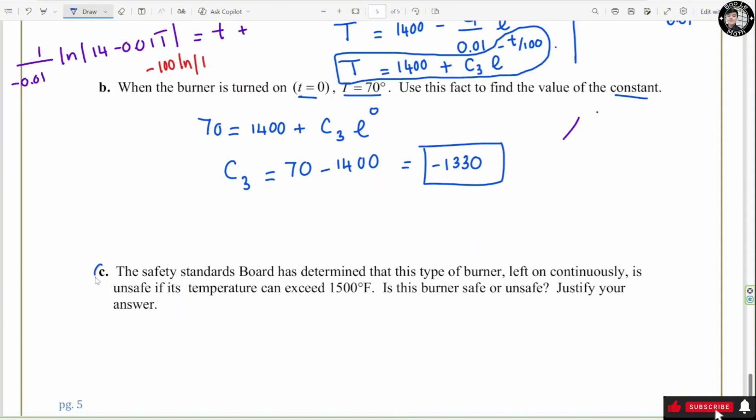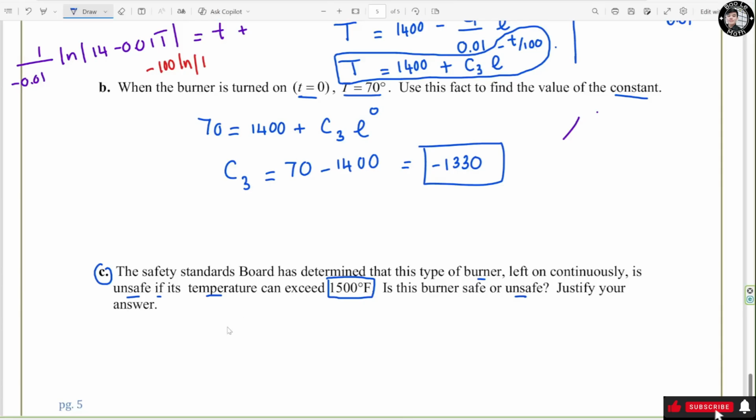Now question C. The Safety Standards Board has determined that this type of burner left on continuously is unsafe if its temperatures can exceed 1500 degrees Fahrenheit. Is the burner safe or unsafe? Justify your answer.